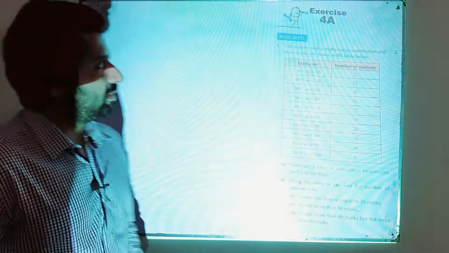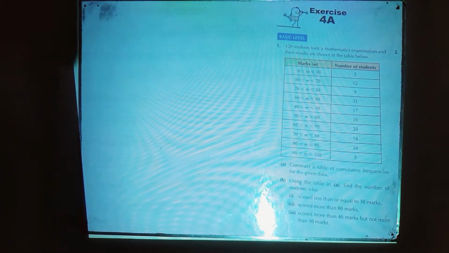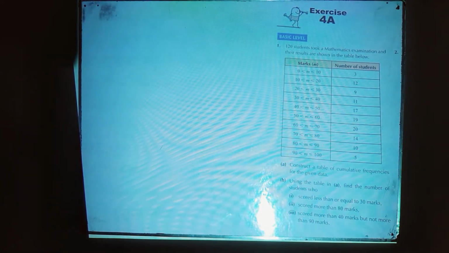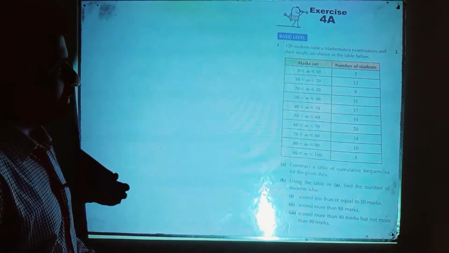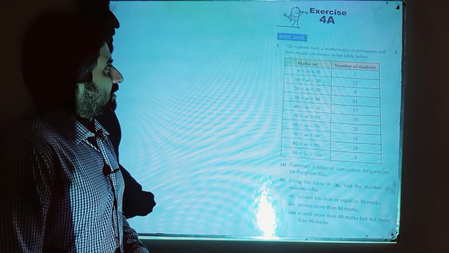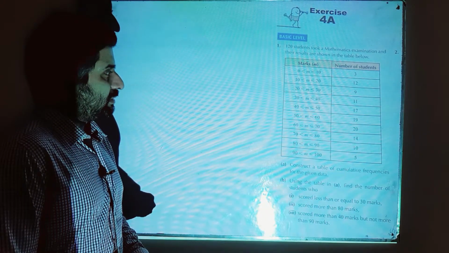So let's start. That is exercise 4a, and the question is: 120 students took a mathematics examination, and the results are shown in the table below.